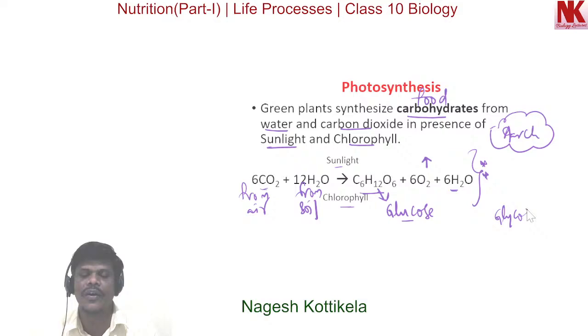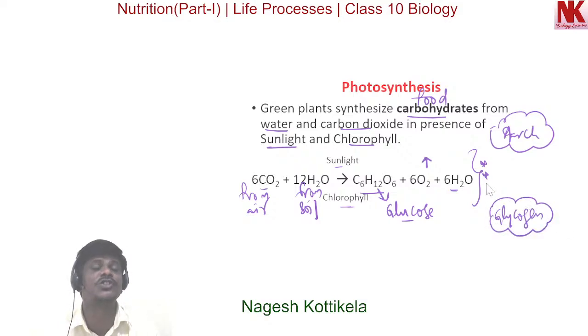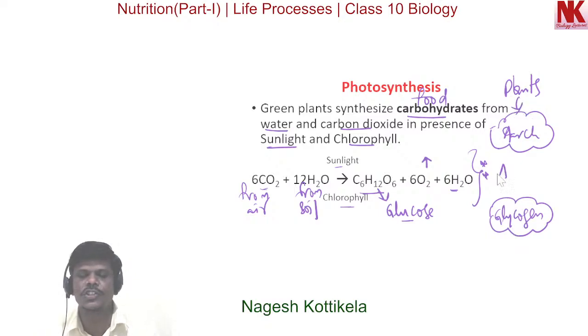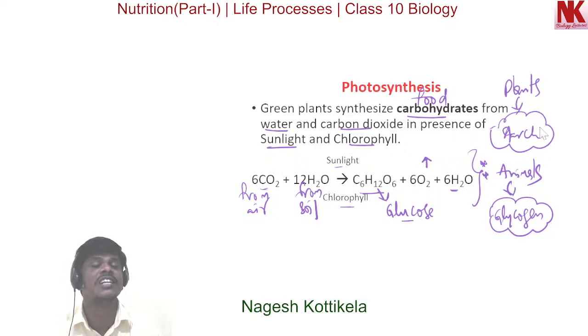So these are a few important aspects regarding the stored form of carbohydrates in plants and animals. Starch is in plants, and glycogen is in animals. Important. Now moving to the next.